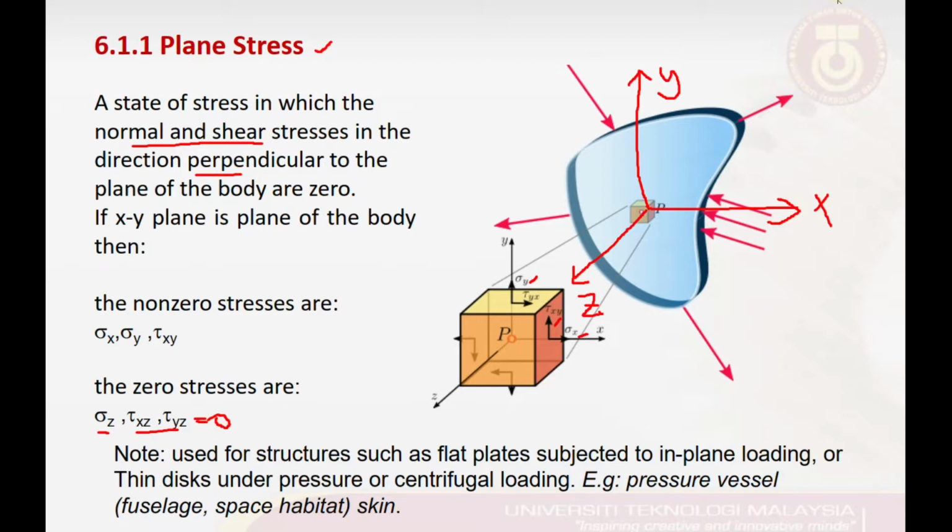The plane stress model is usually only valid for thin structures, such as flat plates subjected to in-plane loading, or thin discs under pressure or centrifugal loading, such as a pressure vessel, maybe in an aircraft body, also known as a fuselage, or a space habitat skin, which usually has a very thin structure in terms of its thickness.